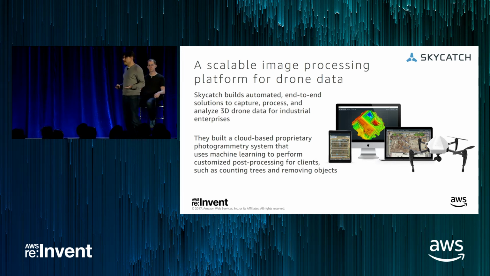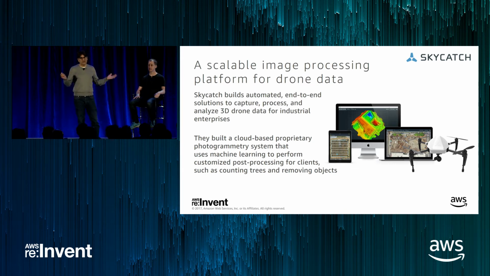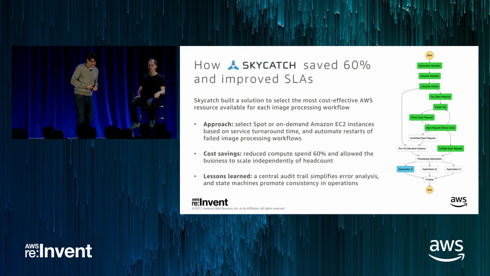And they have machine learning algorithms that do things like count trees, remove objects, identify targets, and this all runs in the cloud. They have several state machines, but one that's interesting is they use the state machine to pick the resource they want to use to compute the job. And they save 60% on their costs and improve their SLAs for their customers at the same time.